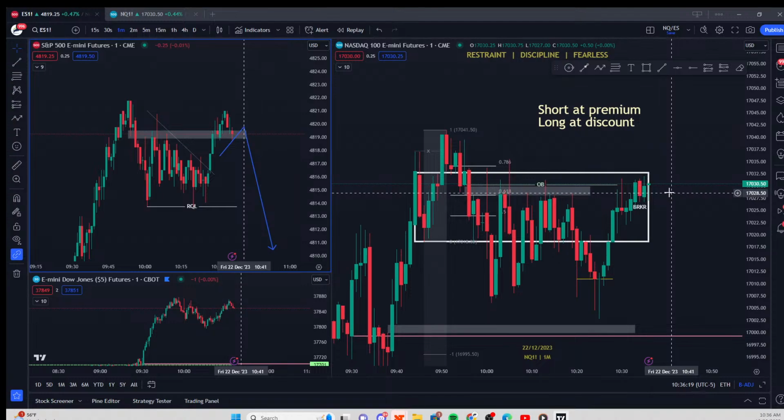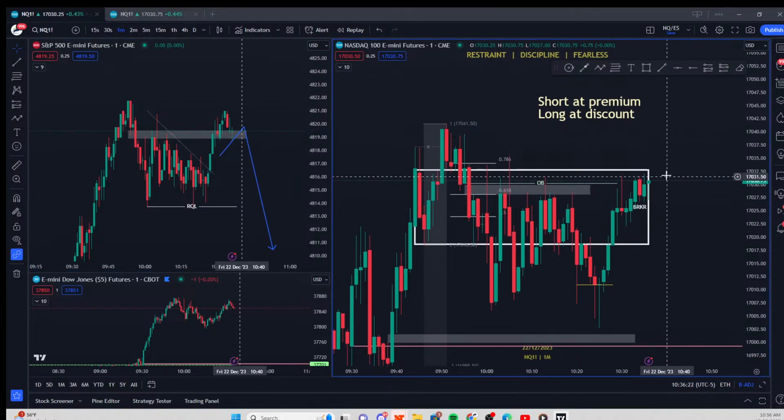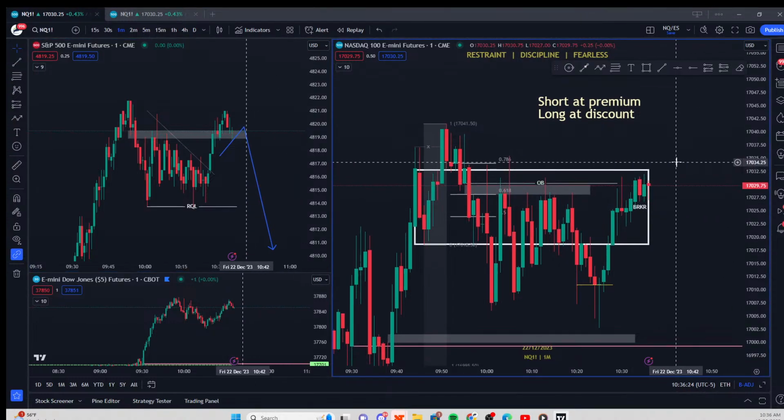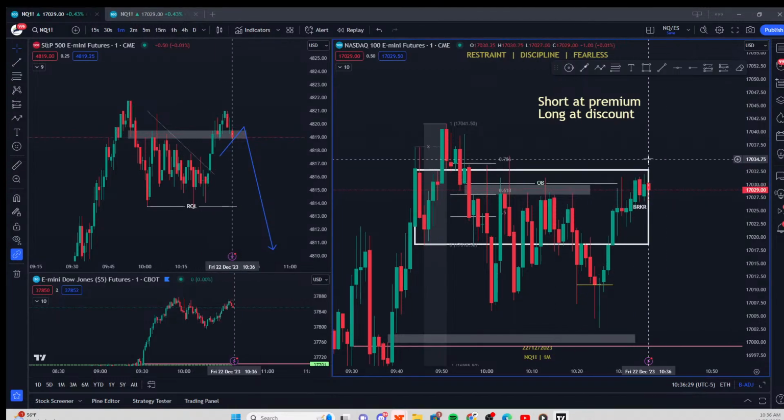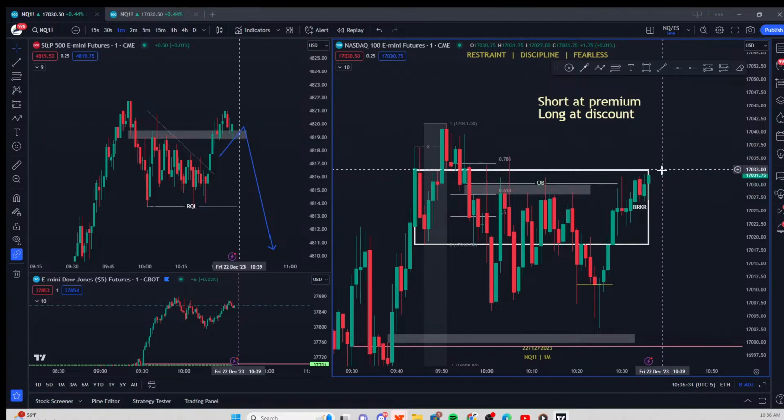Still under this order block here, so it's still resisting. But yeah, it really takes only like 4 more points for me to move my bias.